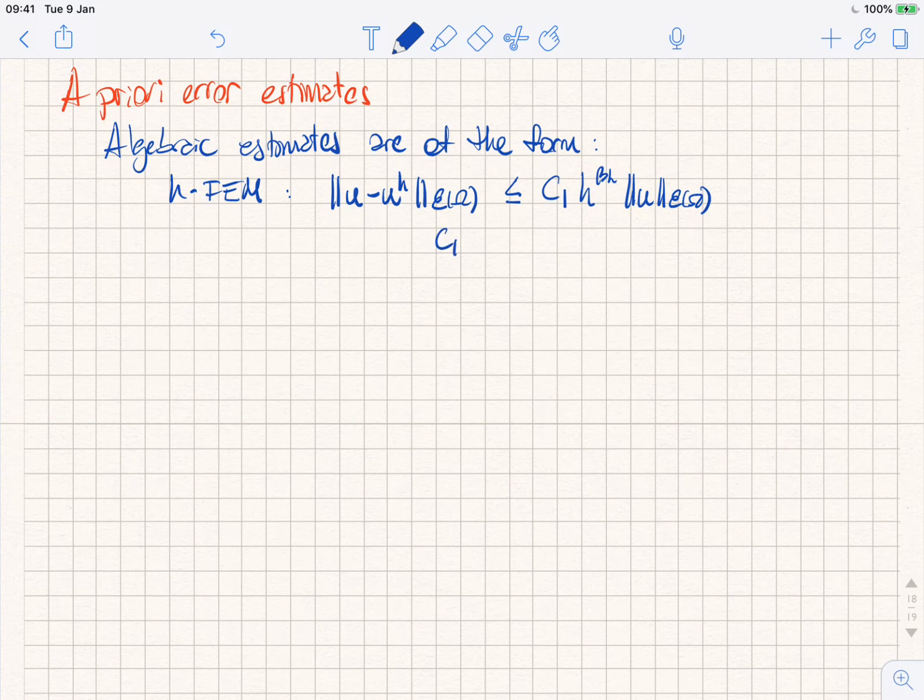And in this equation, C1 is a constant that is independent of u and h.